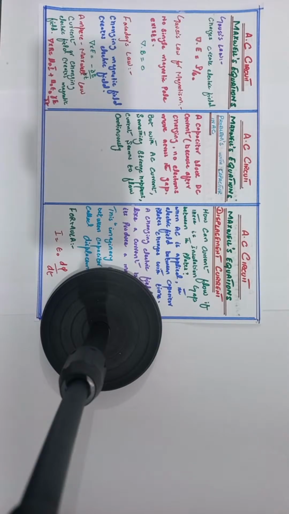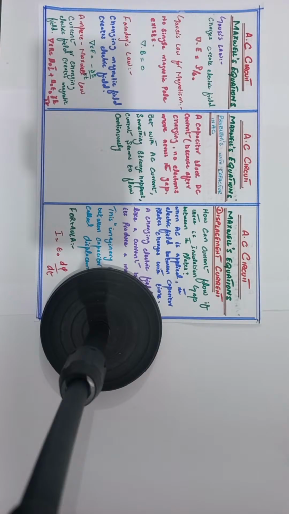The next topic is the capacitor circuit. We know that in the wire current flows due to electrons moving, but in the capacitor plates current flows due to the displacement current. Due to displacement current, current flows continuously in the capacitor circuit.